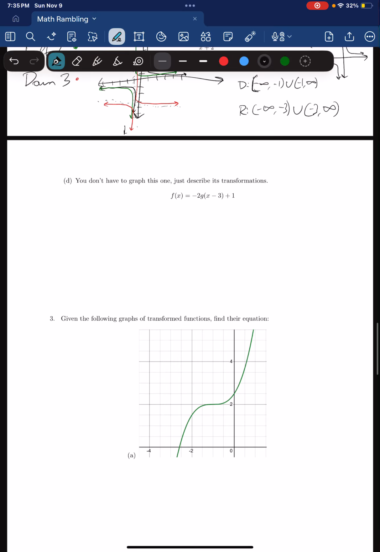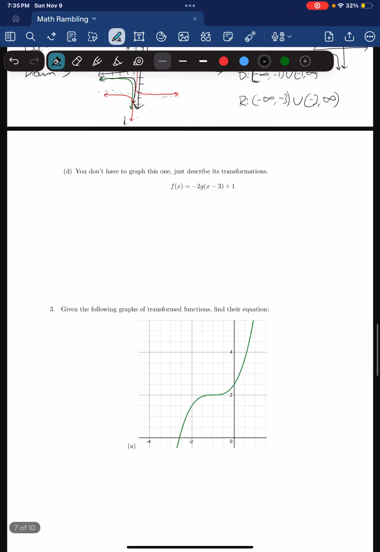All right, I don't have to graph this one, just describe its transformations. Oh, fudge. Okay, this one seems really hard, actually. Okay, so let's think about this. We have f of x, and this is a function. But we also have this thing right here, g of x.